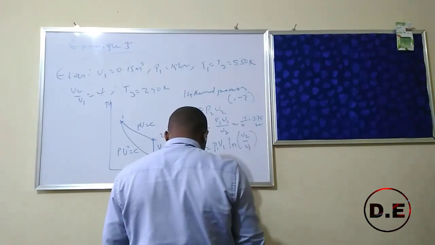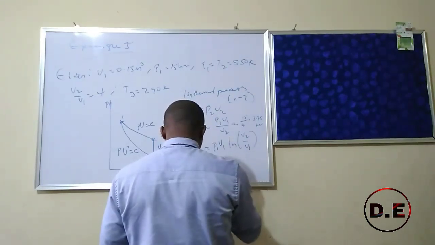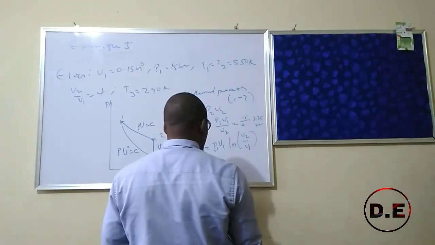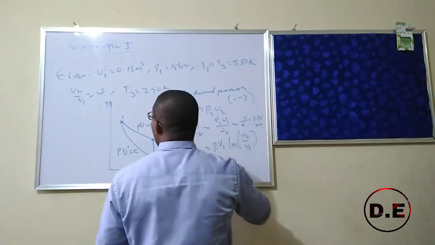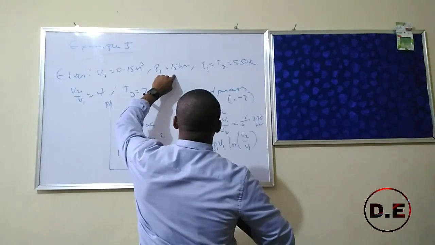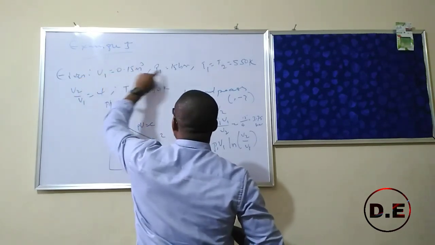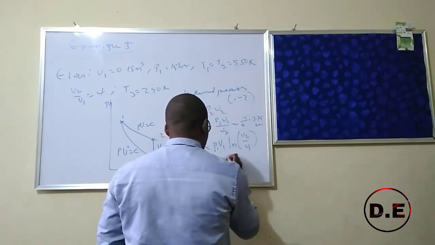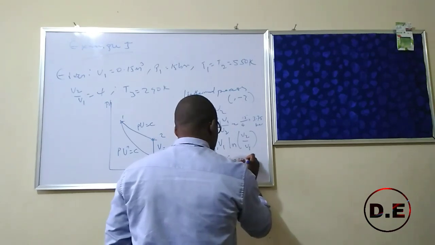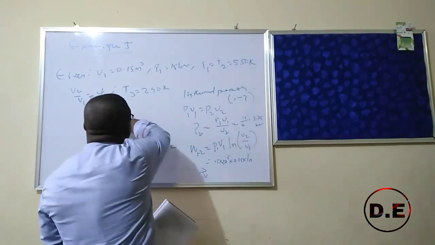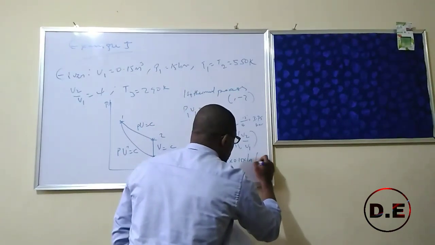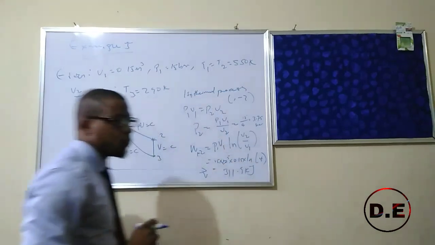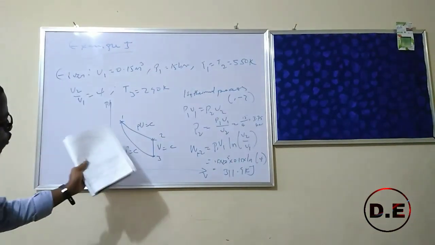So if I write, P1V1 is 15 bar times 10 to the power 5 times V1, 0.15, times the natural log of V2 over V1, which is 4. So everything becomes 311.9 kilojoules. That's the work done from process 1 to 2.